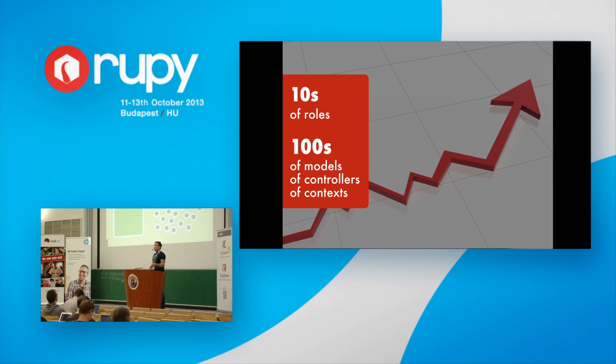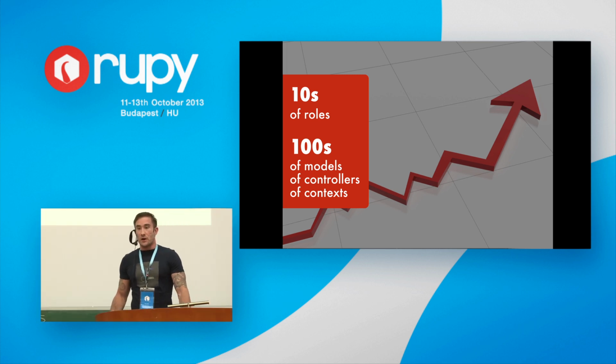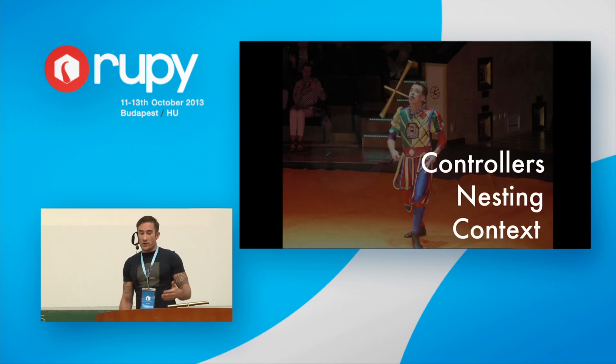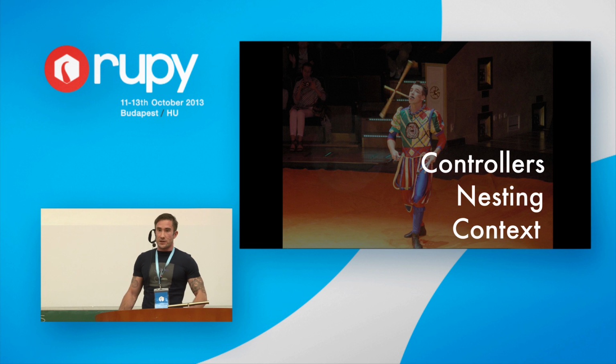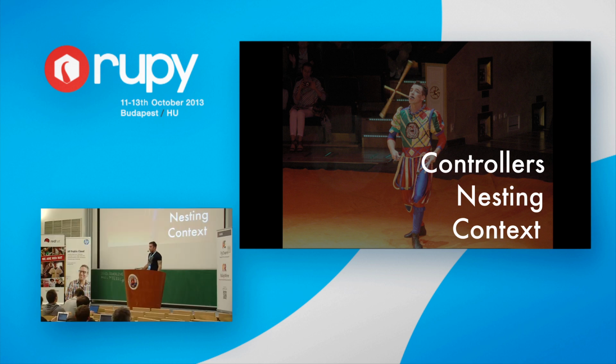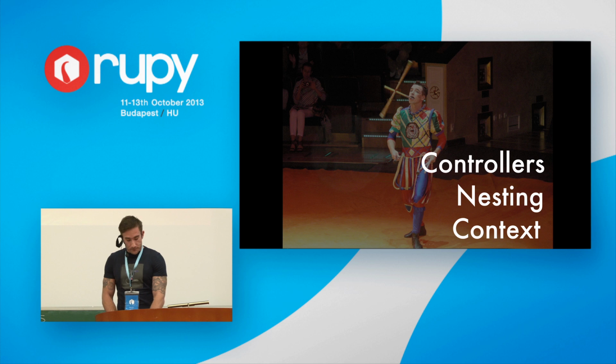So when a newcomer comes to your team, ask him if user A can do B. It's going to take a lot of time to understand if he can do that. So you end up juggling with all that stuff, with controllers, nesting, context, and then other things come up. Then you start using queues. Then you start using nested models in complicated controllers, and it's getting worse and worse and worse.